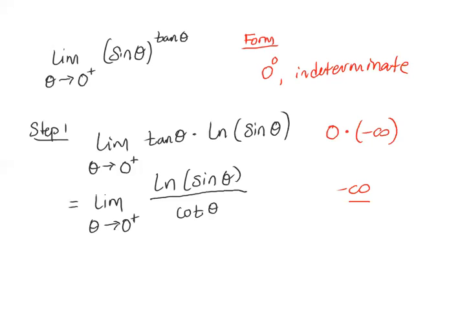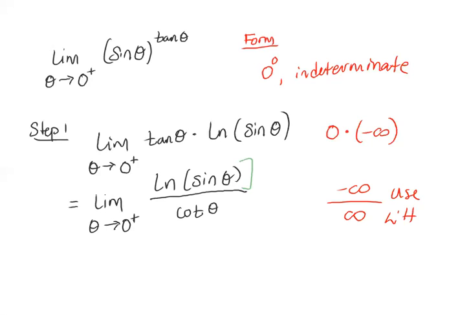As theta approaches 0 from the right, the cotangent of theta, I have to again refer to the graph, it actually approaches negative infinity, or excuse me, positive infinity. Therefore, this has the infinity over infinity form. I can use L'Hopital's rule. This is one of the specific indeterminate forms that I'm allowed to use L'Hopital's rule for.